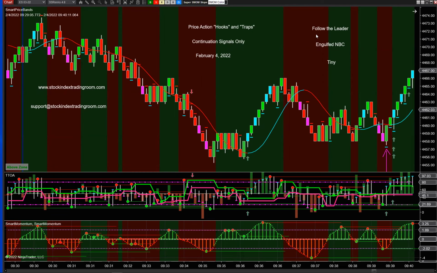Our first signal in these 3 signals for continuations is called follow the leader. Now, a leader is always a reversal bar. We have changed our smart background color to coordinate with smart momentum, and one of the things people readily see is that, wow, reversal bars on color are pretty good.